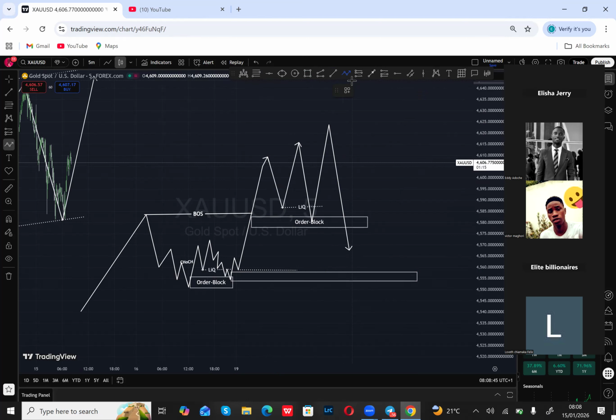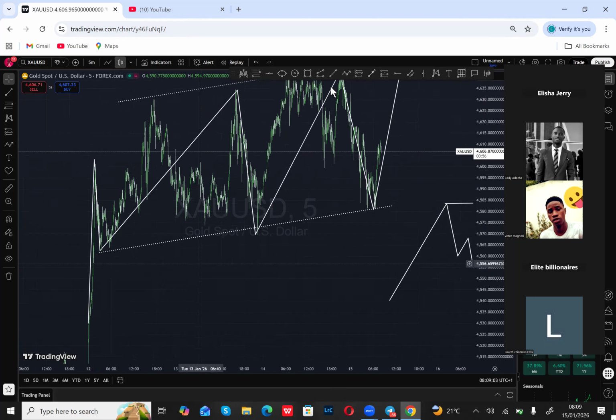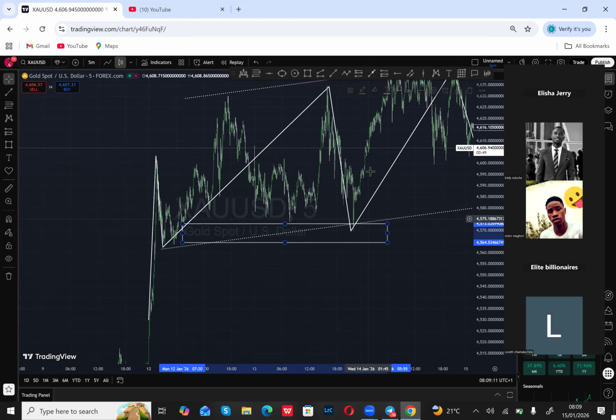You can also refer to it as order flow or money transfer. If there's a transfer of money from this zone into this zone, price is expected to come into this zone. So when price was trending to the downside into this region.